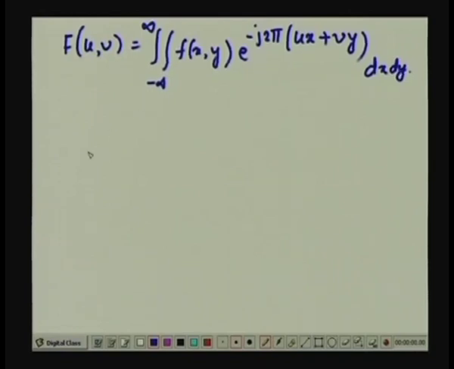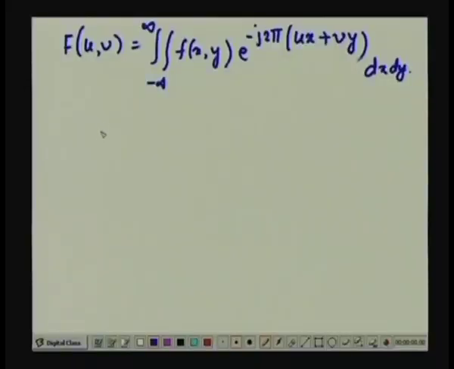Now, in our case, f(x, y) is equal to a constant A, as long as x lies between 0 to capital X and y is between 0 to capital Y. And outside this region, the value of f(x, y) is equal to 0.